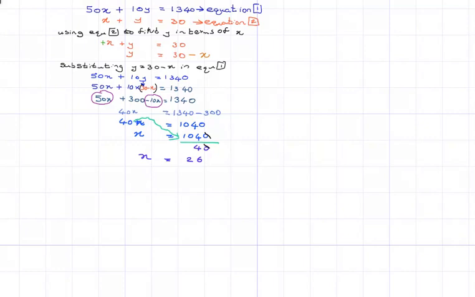y's numerical value. So how do we find out what y is? There are multiple methods to find out y's value. So we can substitute x's value into equation number 1, equation number 2, or, as we already know what y is, what is y in terms of x? y equals 30 minus x.